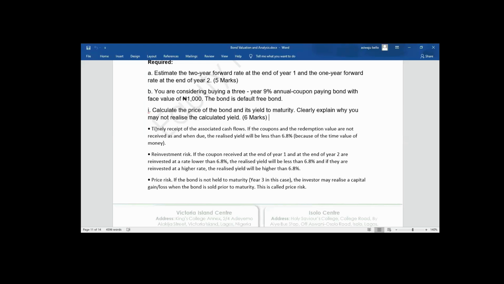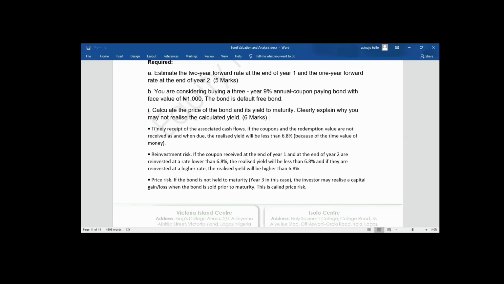your yield to maturity. Then point number 3, we call it price risk. If the bond is not held to maturity, when we say yield to maturity, it means that the bond must be maintained or must be kept until maturity.